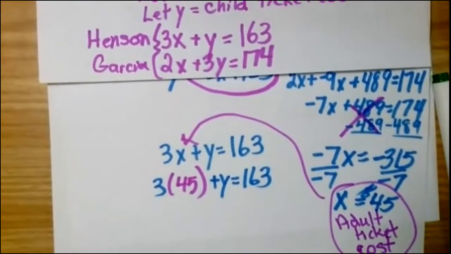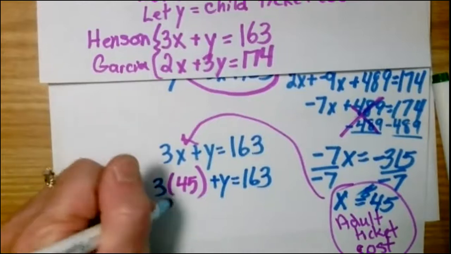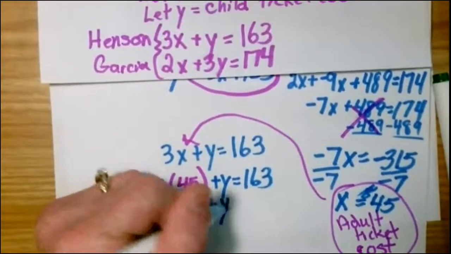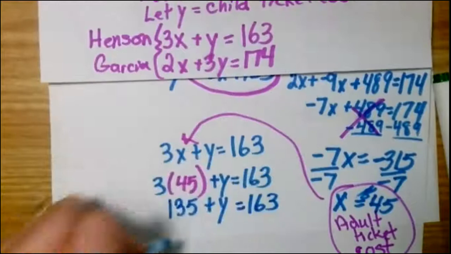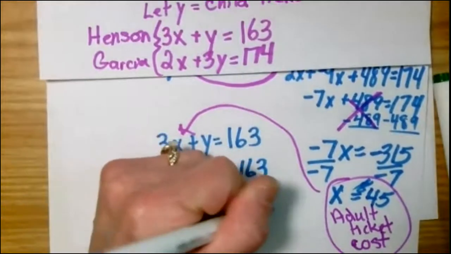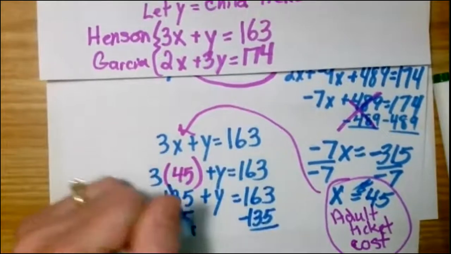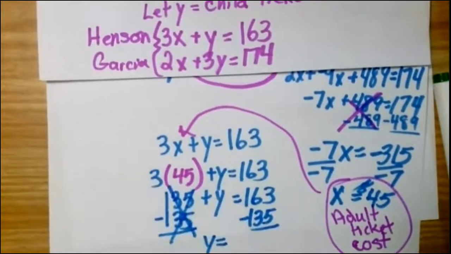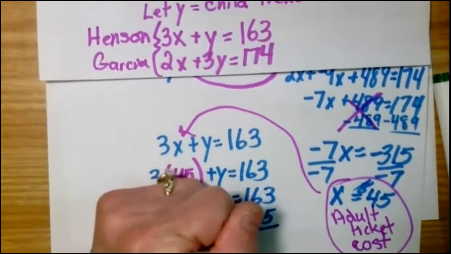3 times 45, 135 plus y equals 163. I subtract 135 from both sides. Y is equal to 163 minus 135, 28.